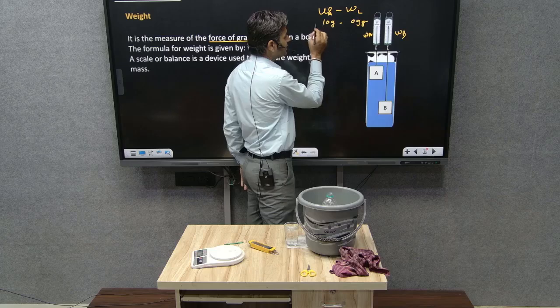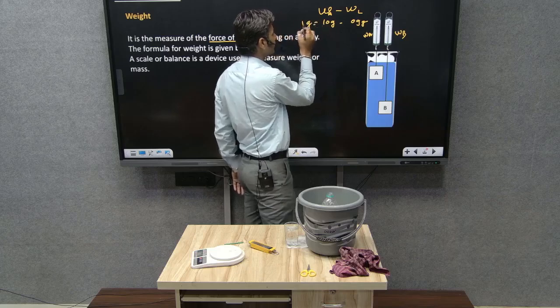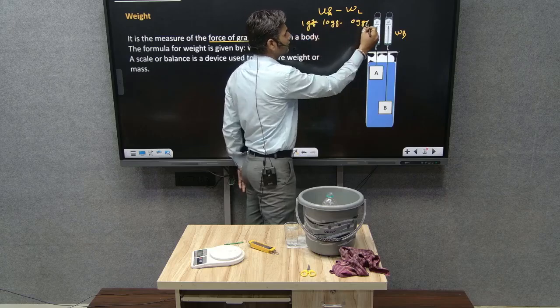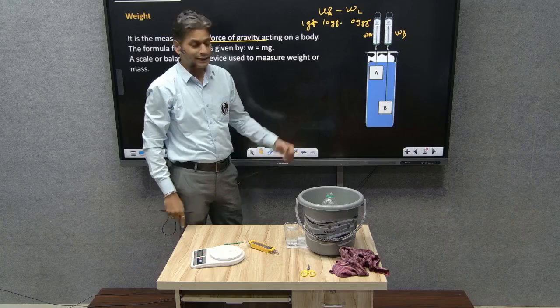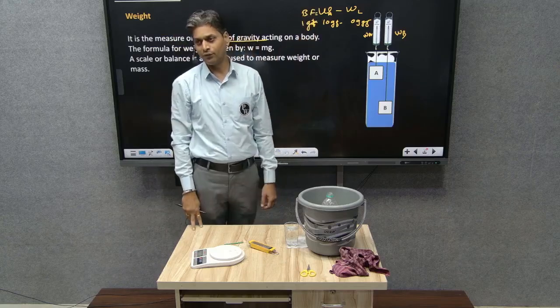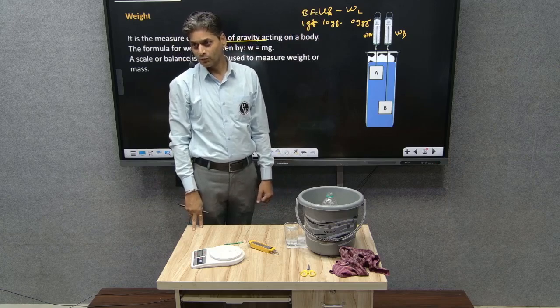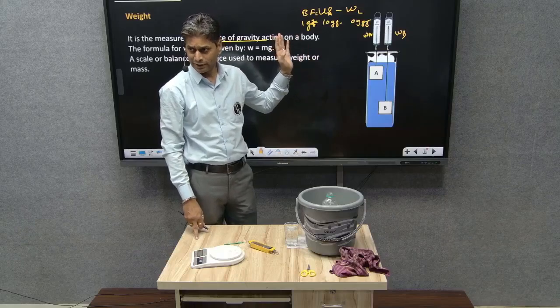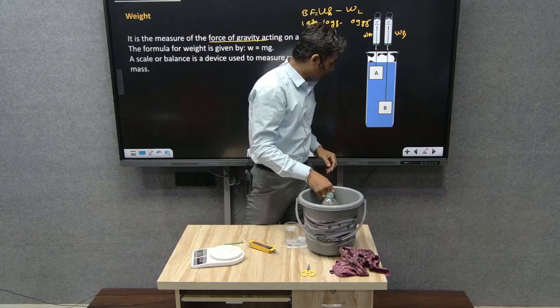Then what is the difference? That is 1 gram weight, 1 gram force, or 1 gf. What is the buoyant force here? 1 gf. It is 1 gram force. This is the way to measure buoyant force.